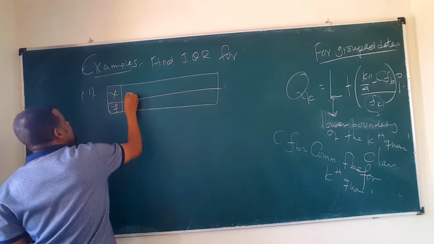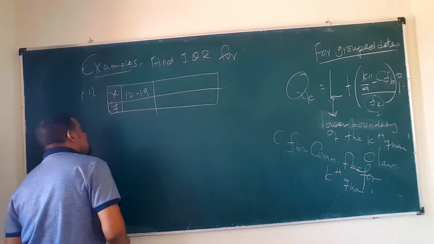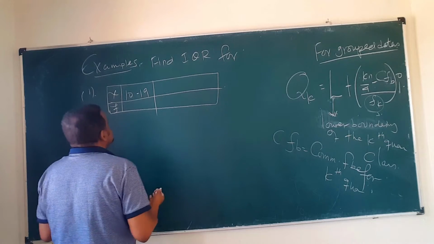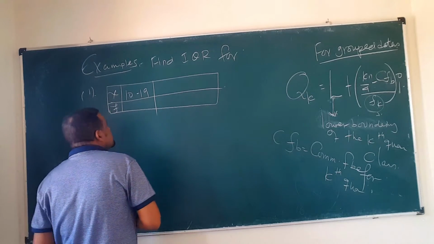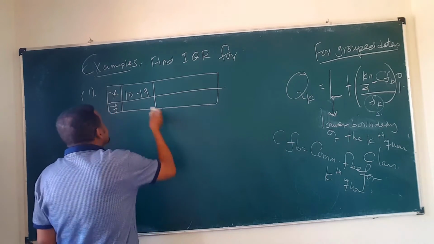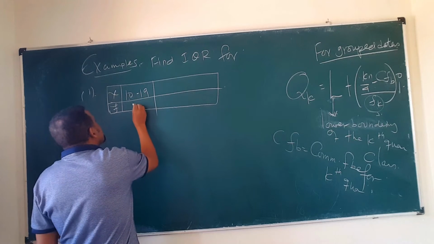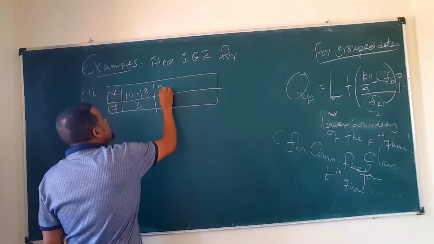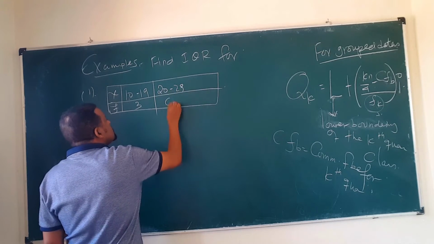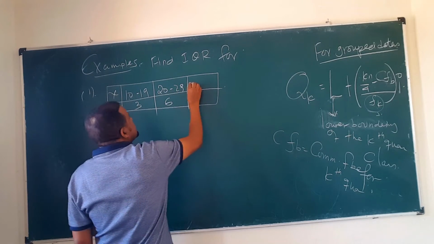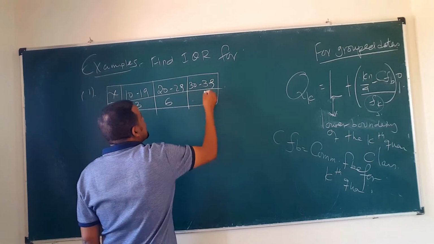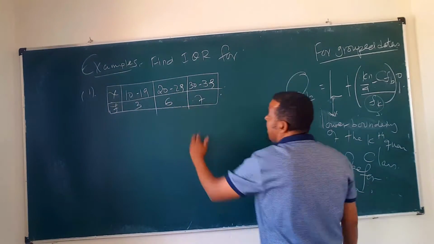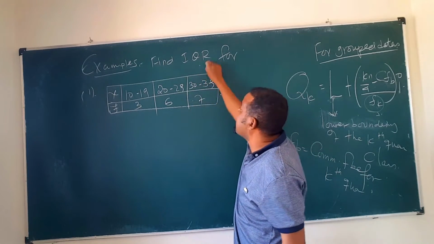For example, the midterm results of 40 students, put in frequency distribution in grouped data form. From 10 to 19, say 3 students; from 20 to 29, 6 students; from 30 to 39, say 7. For this grouped data, find the interquartile range.